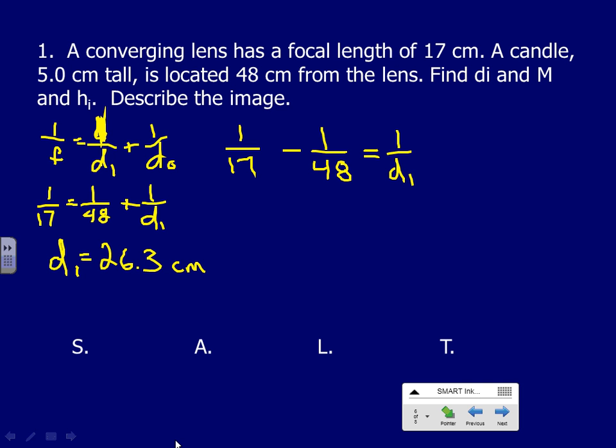That's 2 significant digits. That means I measured it with a meter stick that has exact centimeters, and that candle was exactly right at the 5. So it wasn't like 5.1 or 4.8. It was exactly 5.